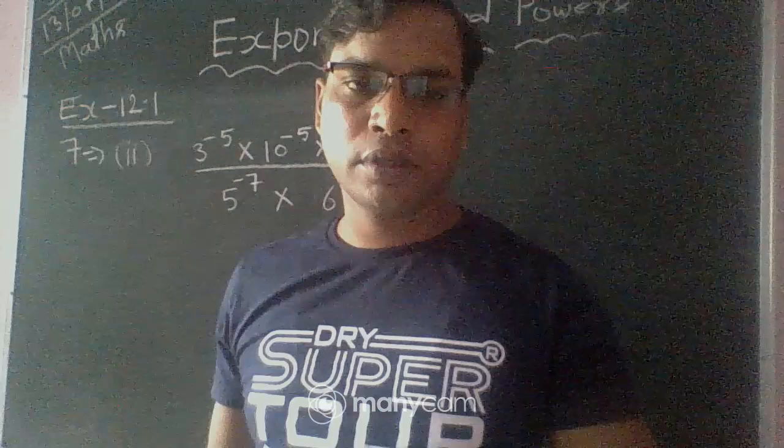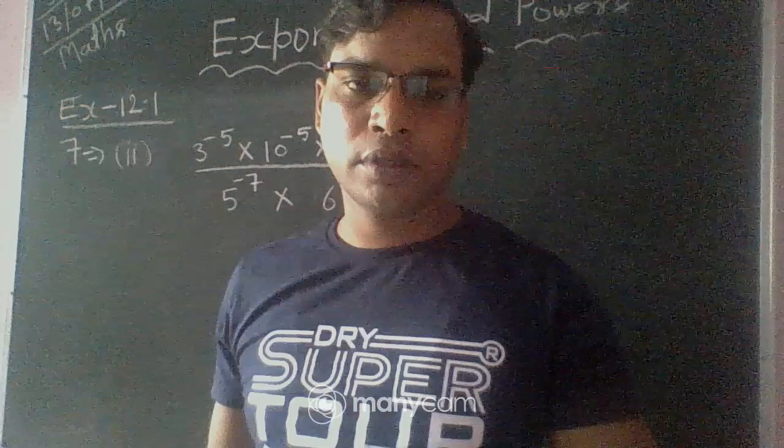So if we have 10 power minus 5, this is equal to 2 into 5 power minus 5. It means that you can write it 2 power minus 5 into 5 power minus 5.